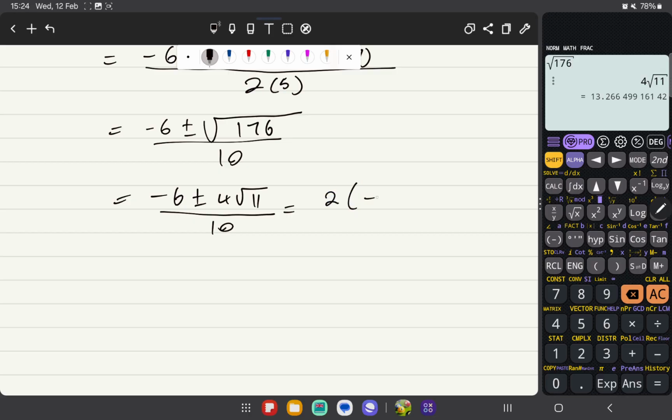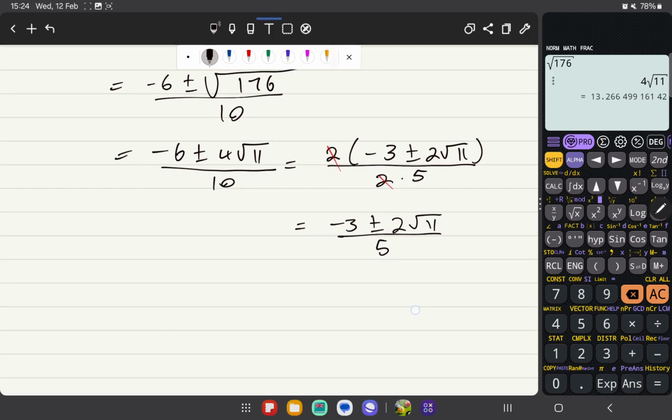It's 2 times minus 3 plus or minus 2 square root of 11, and that's 2 times 5, right? So in this case, the two are gonna cancel out each other, and you end up having minus 3 plus or minus 2 square root of 11 all over 5. That's your answer, ne? That's your answer.